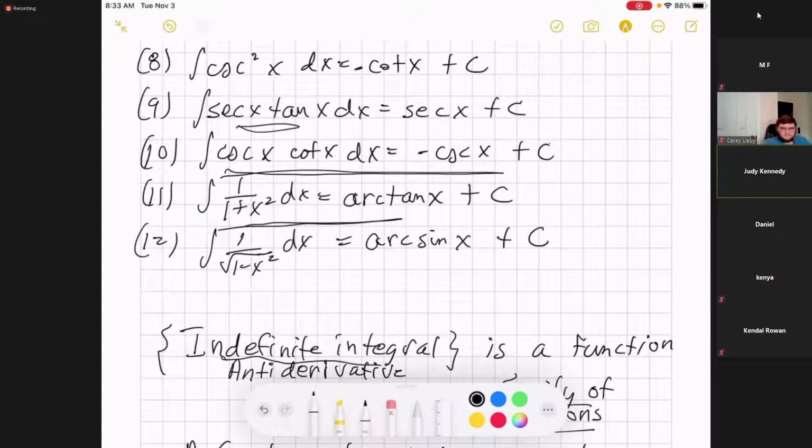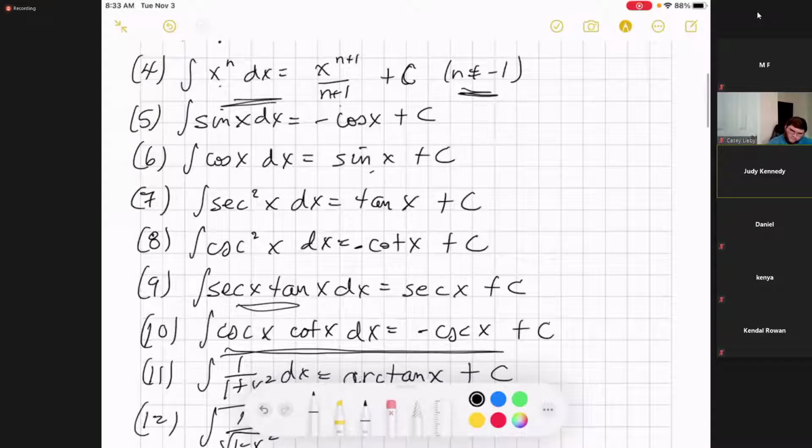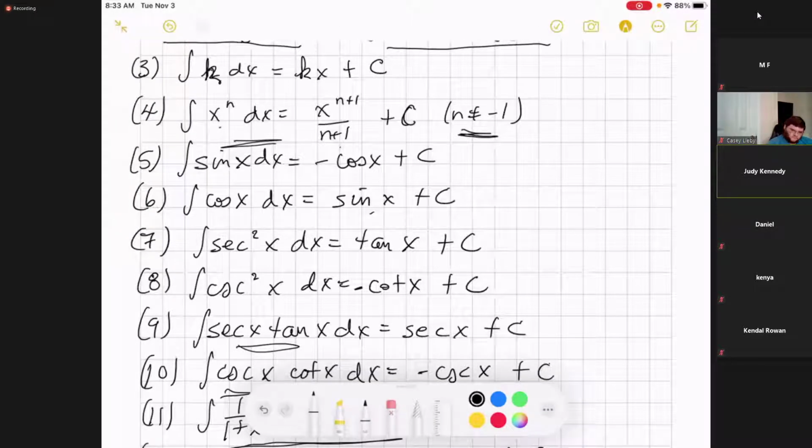In fact, writing 1 over 1 plus x squared as 1 plus x squared to the minus 1, that's a useful thing to do a lot of times. But it makes a difference that you have, first of all, that would give you n equal to minus 1. We don't know how to handle that yet.